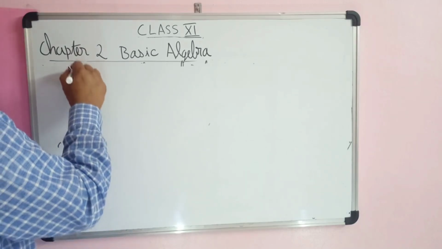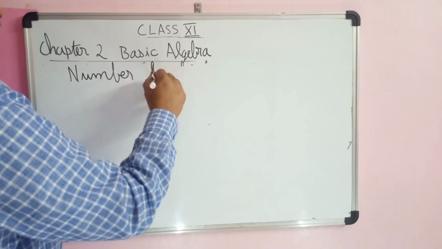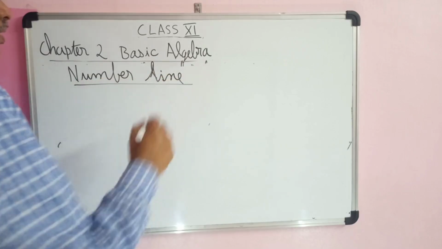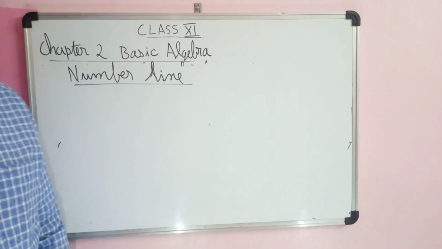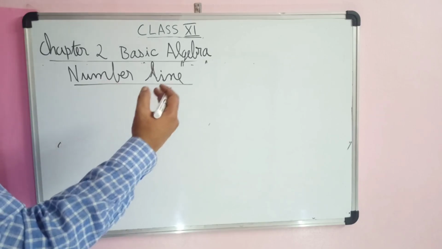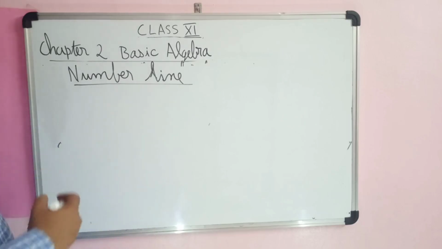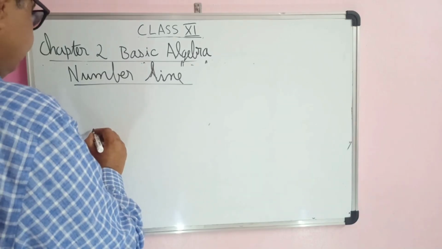Next one is the number line. The number line is the horizontal line with the origin, and towards the right of the origin you have positive integers, towards the left of the origin you have negative integers. So this is called a number line.